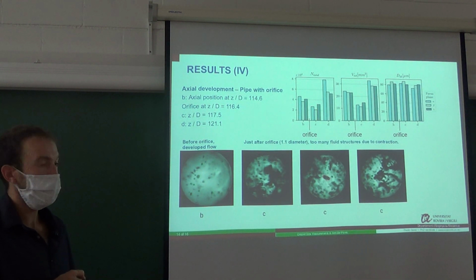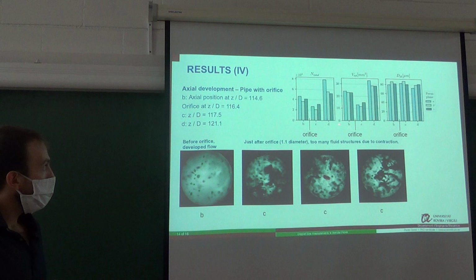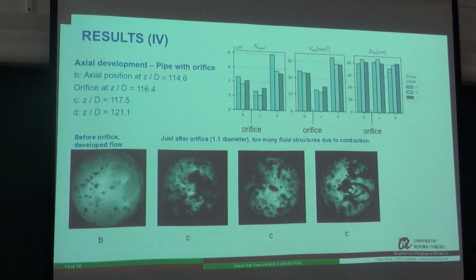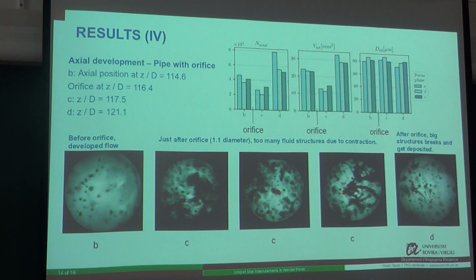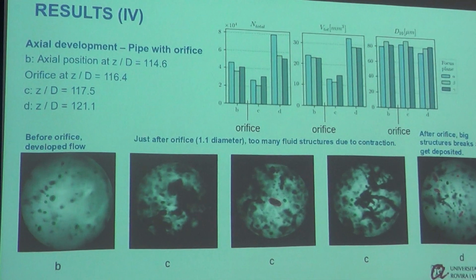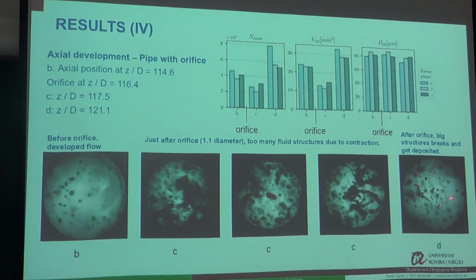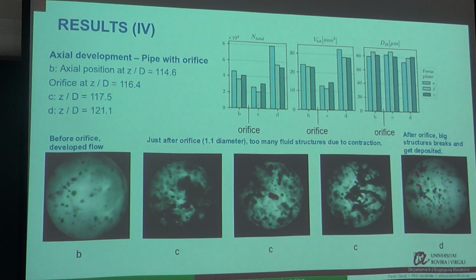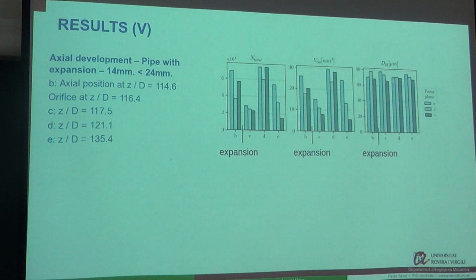We have almost half of the drops. And then we see a big increase in the amount of drops, because these big structures are heavier and start making the film again, and also they break and so on, so we have many more drops here. Okay, and finally, these are the results for the expansion. We have something similar to the orifice.